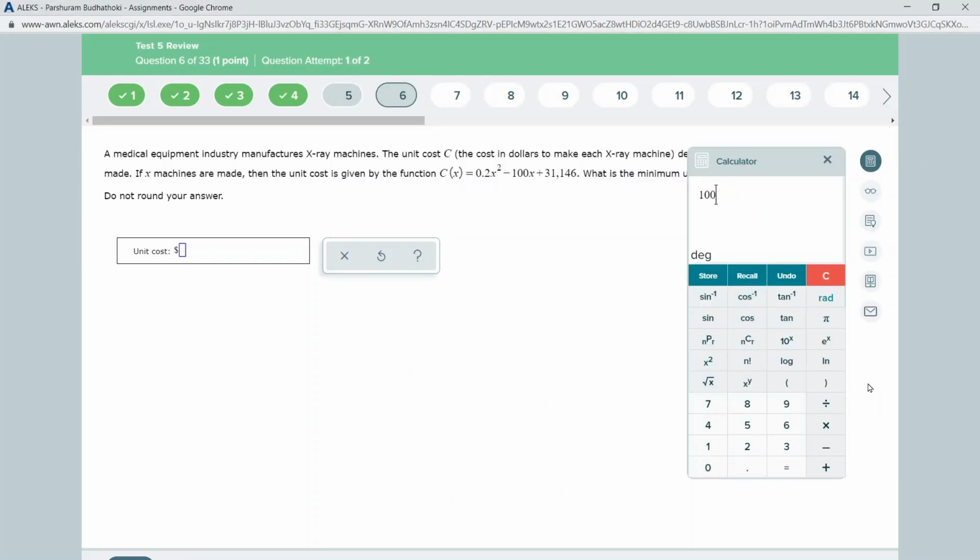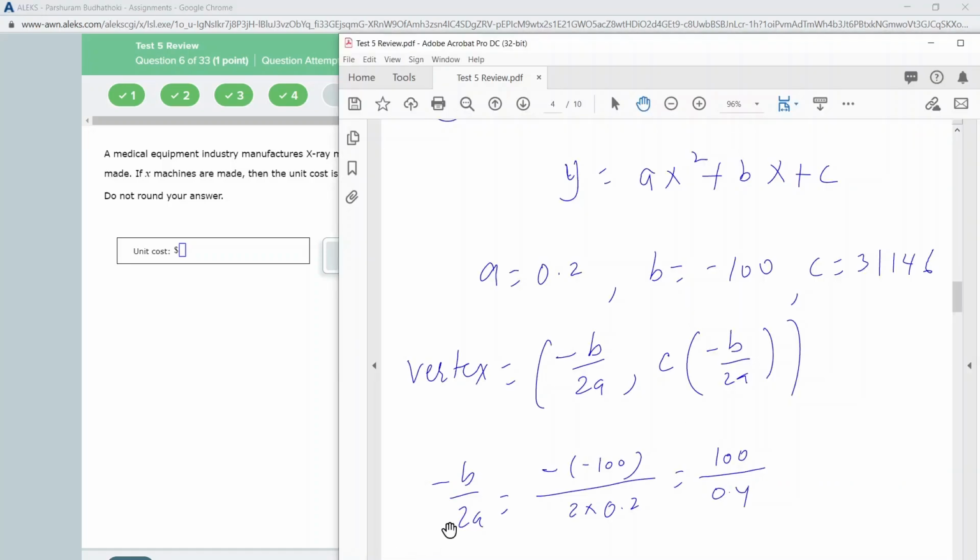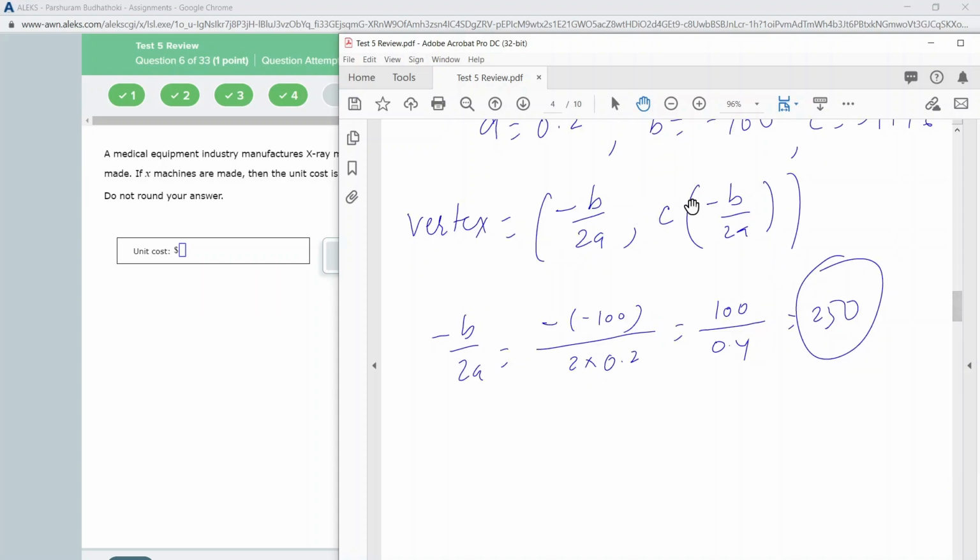100 divided by 0.4 is 250. That's the x coordinate of the vertex. I already calculated the value of the function at 250 using the calculator.